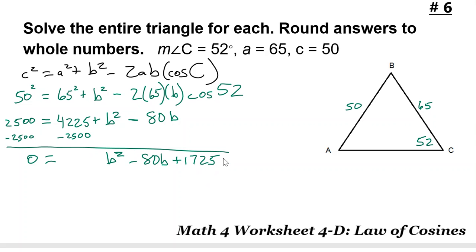Now, at some point, I'm going to need to figure out how can I factor this beast? Because if I come over here and I do 1 times 1725, well, I usually double it and cut this in half. I'm looking for factors of 1725 that add or subtract to give me 80.